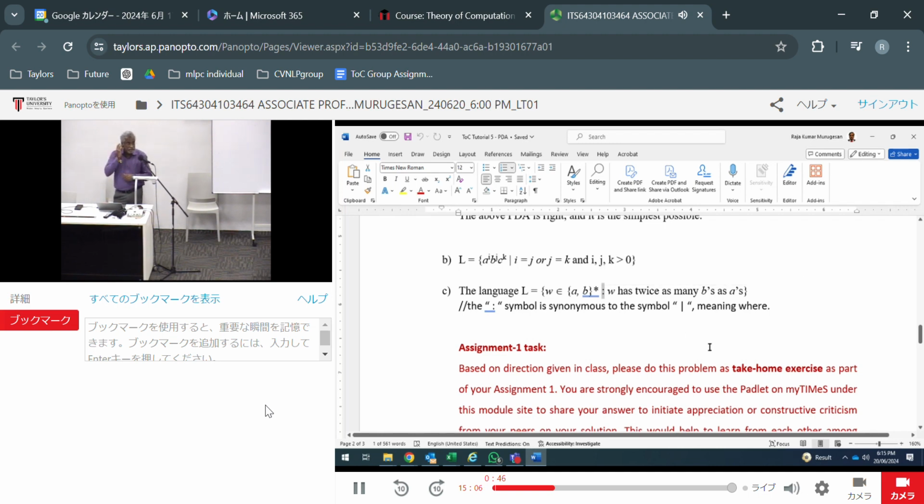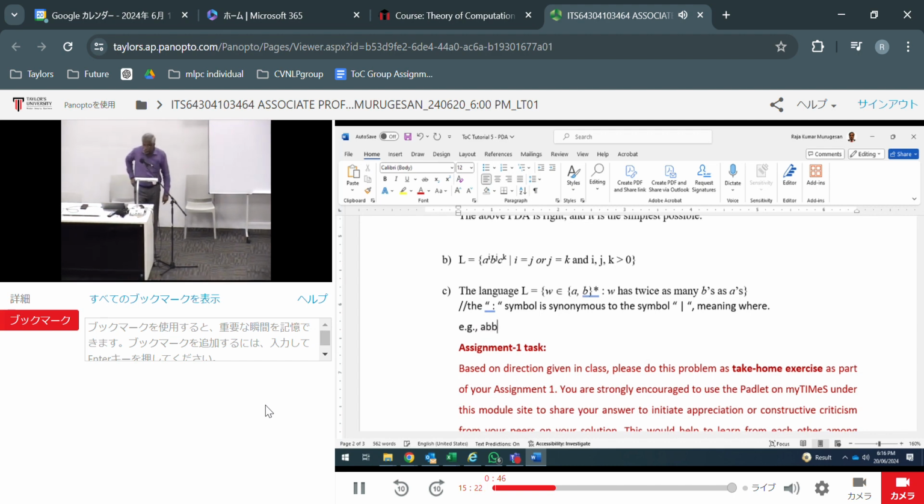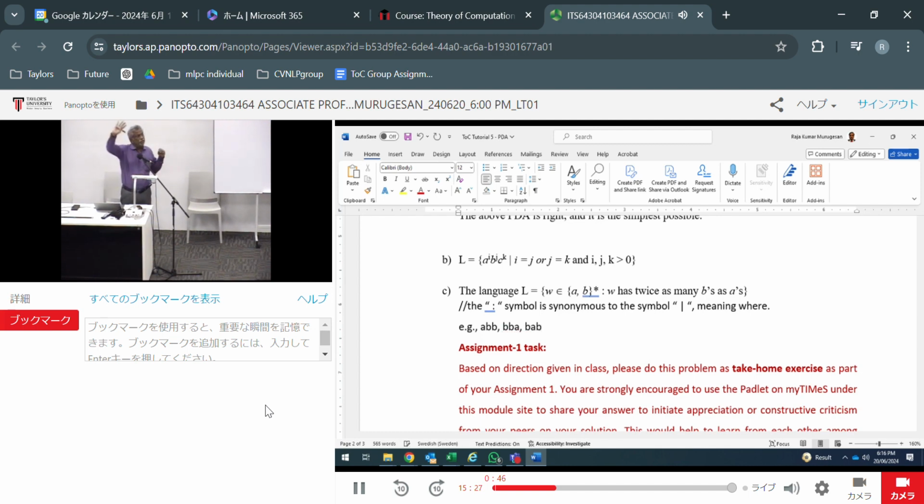Twice as many B's as A's means you have to think of example strings immediately. So I am going to give some example strings here. I stop here. Why I stop here: again, it's natural for students to ask, how do you stop with the number of example strings? I've told this many times, whether it is grammar, NFA, DFA, or PDA, the requirement remains the same.